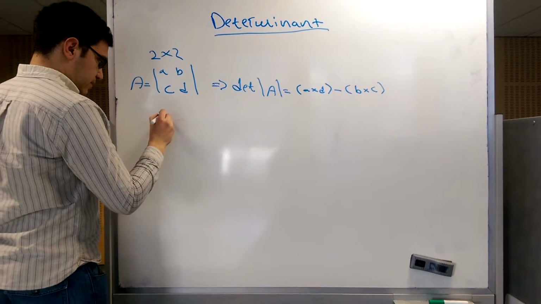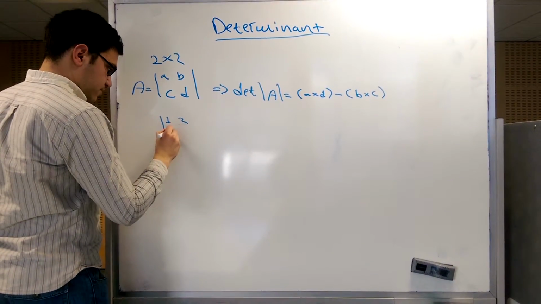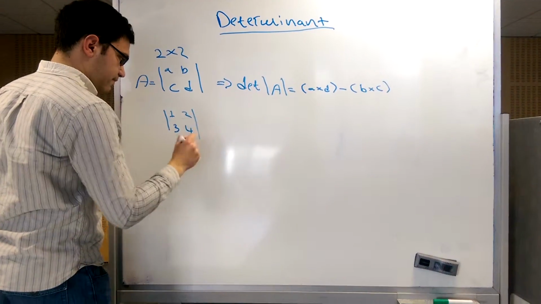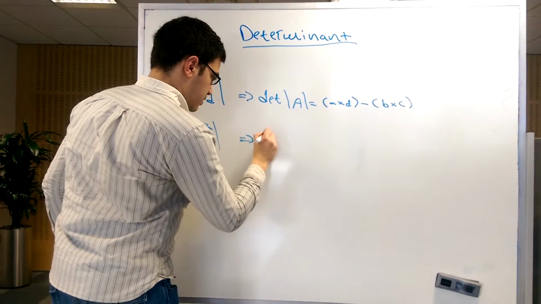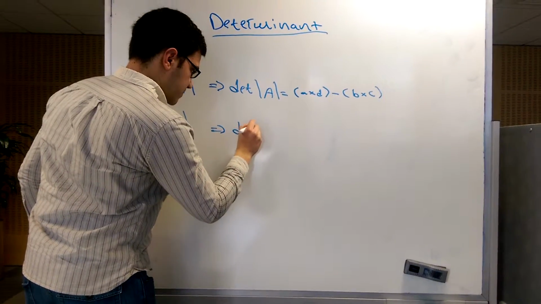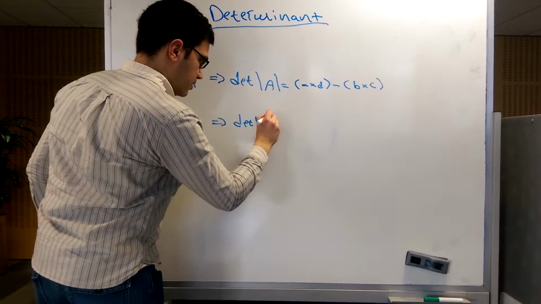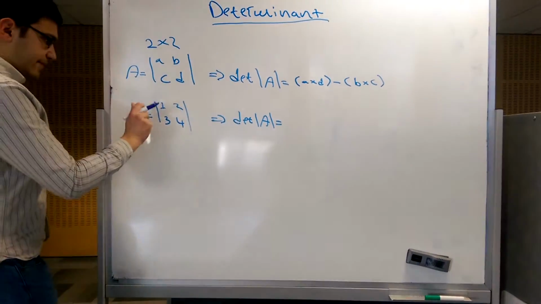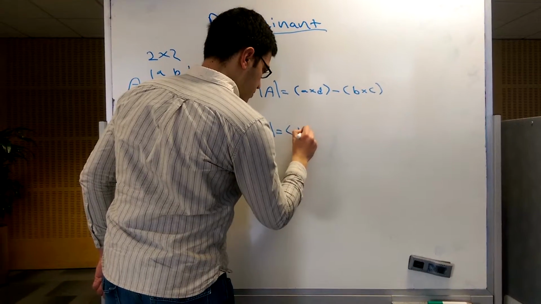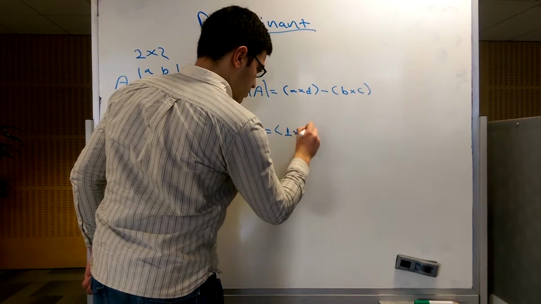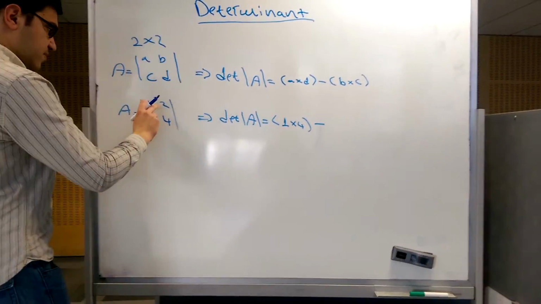Example: the matrix 1, 2, 3, 4. The determinant equals 1 times 4 minus 3 times 2.